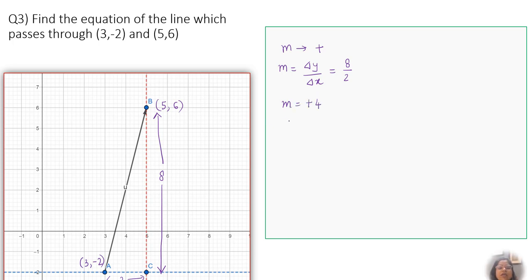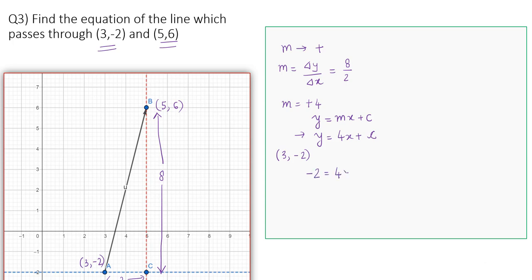After this, we're going to substitute m equals plus 4 into the standard form of the equation, which is y equals mx plus c. So on substituting m as 4, we get the equation y equals 4x plus c. Now, because the line passes through both of these points, we can choose either one. Suppose we choose the point (3, -2), we substitute in place of y, it's going to be -2.